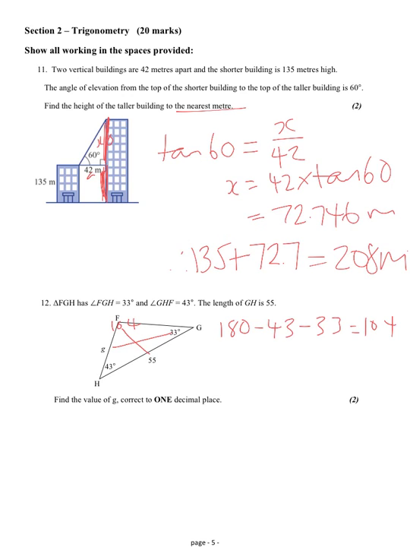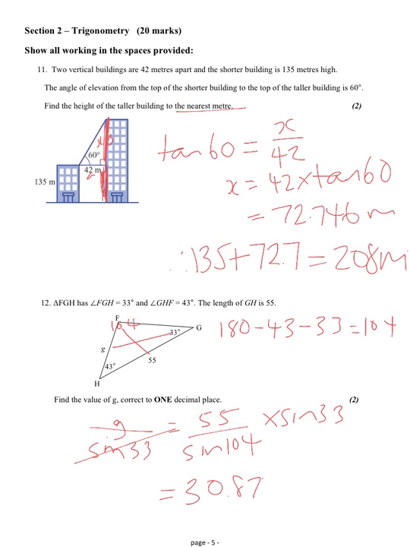So sine rule states G over sine 33 must equal 55 over sine 104. How do we get rid of sine 33 divided by? We times, and G will become 30.872. We want it to one decimal place, so 30.9.